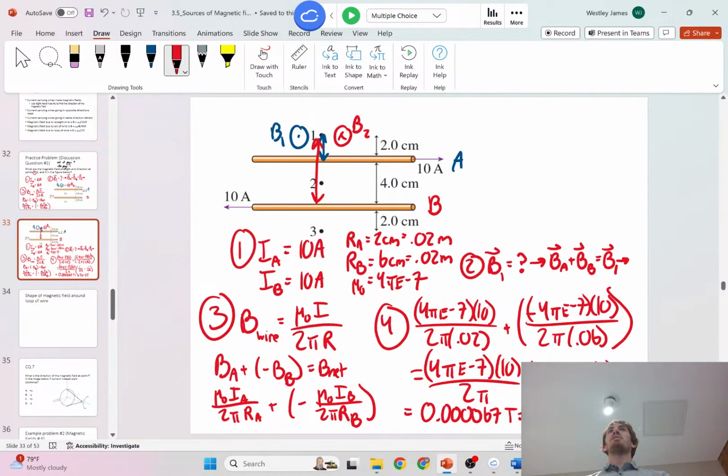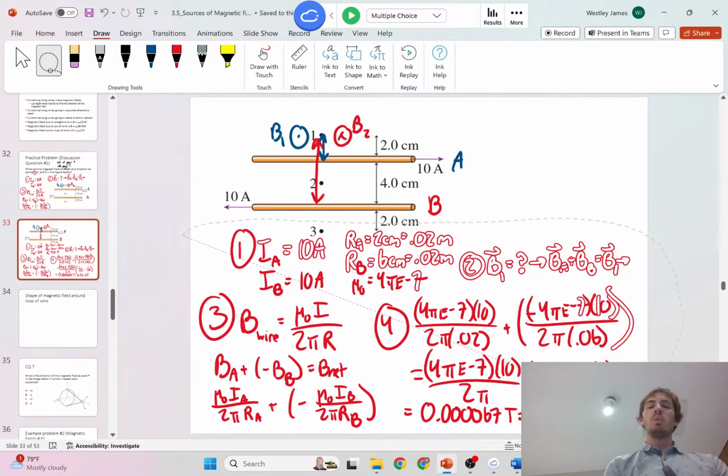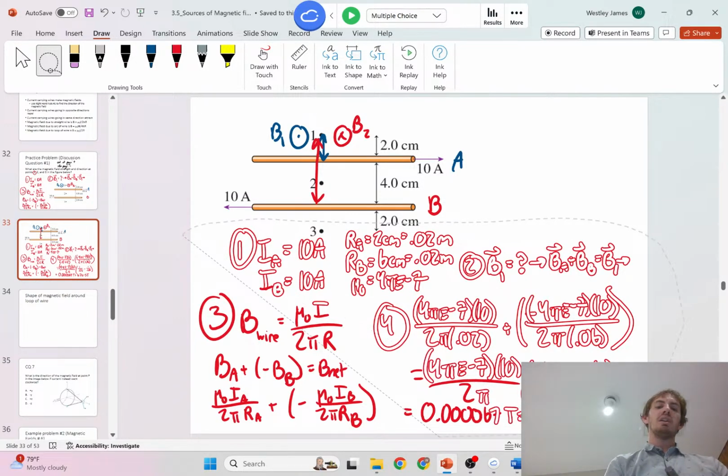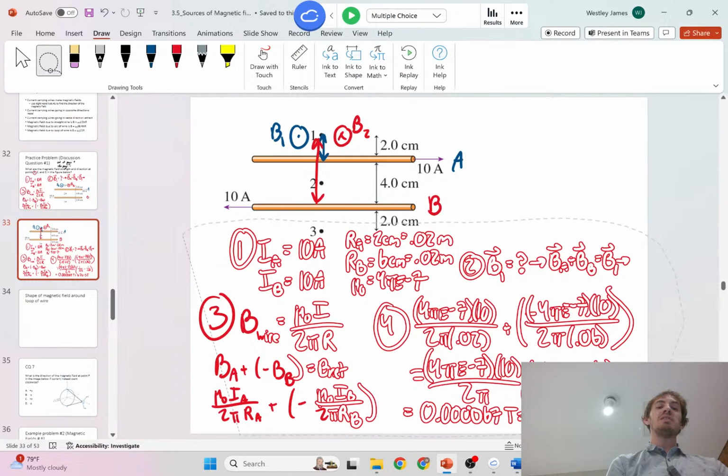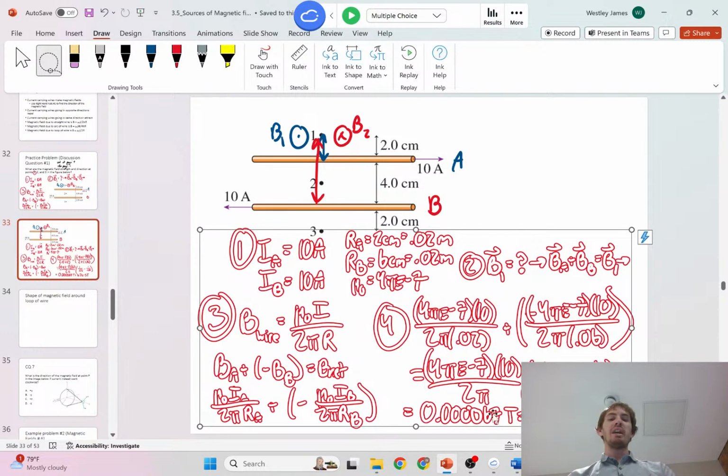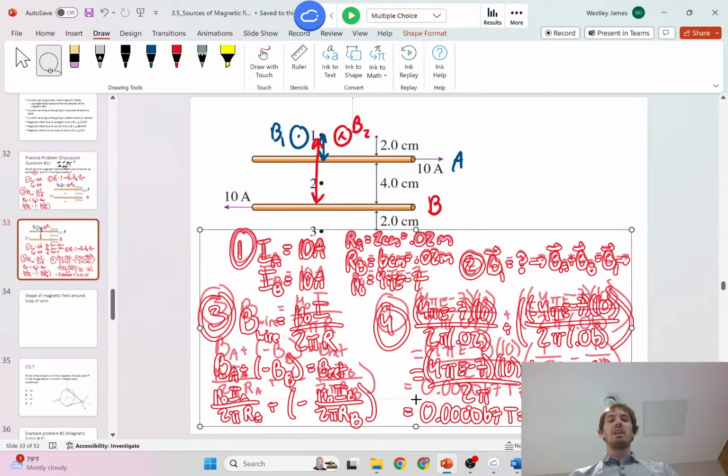The direction matters. The end result, if you get a negative answer, that would mean it's into the page, based on our definitions. The final answer does tell you what direction the net field is. Whenever you're adding vectors, if it turns out positive, that means something. If it turns out negative, that means something. Direction matters when it comes to vectors.